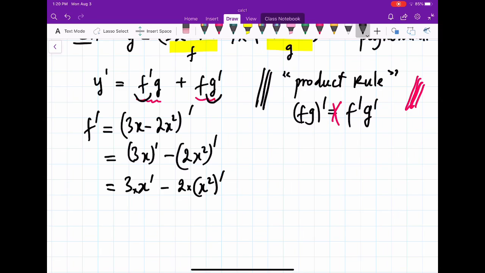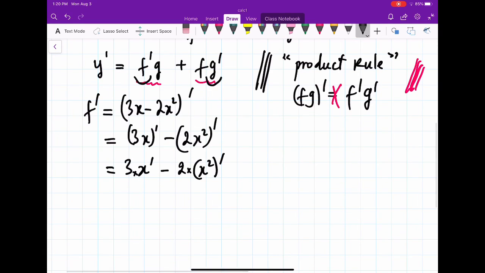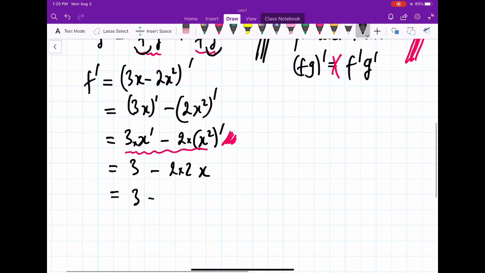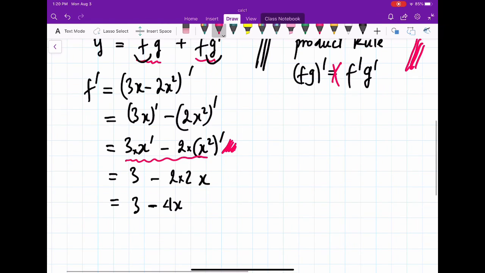If you are already familiar with differentiation rules, you don't have to write that. You can write 3 and then minus 2 times 2x right away. You can skip this step, but I just try to make everything clear. And this is equal to 3 minus 4x. Don't forget the derivative of x is just 1, so I don't write it.